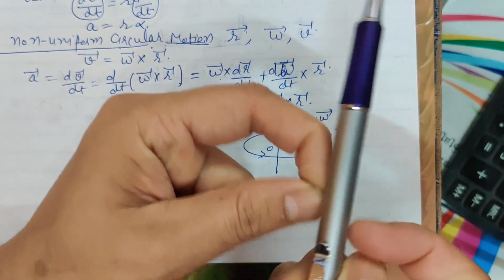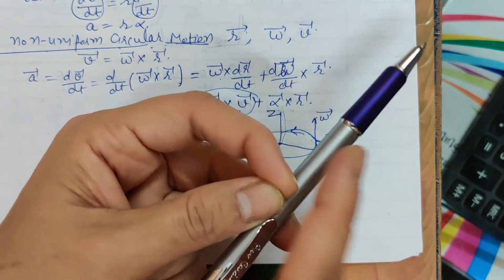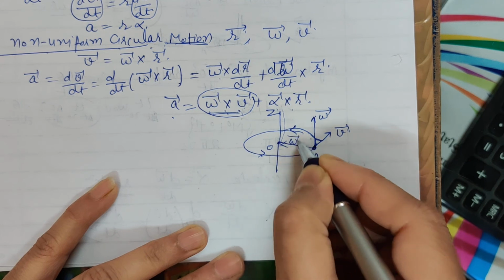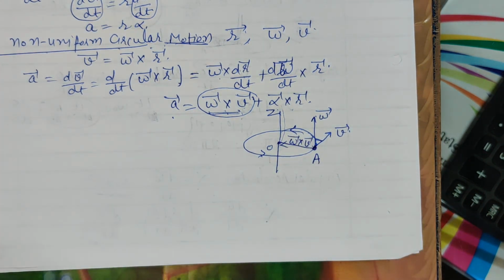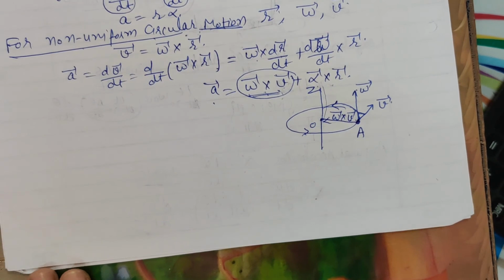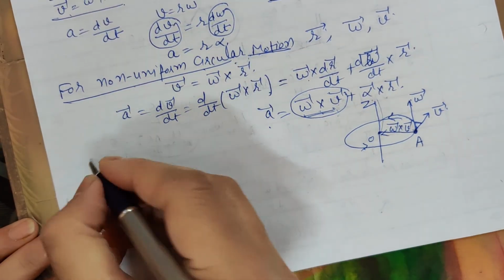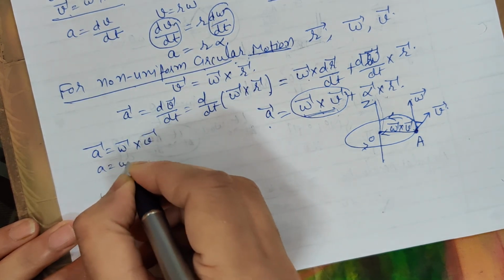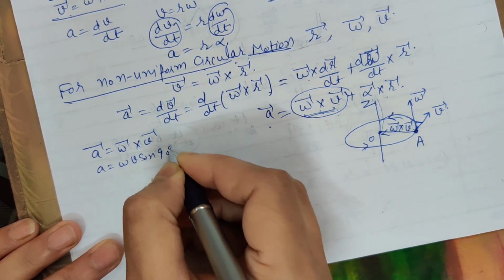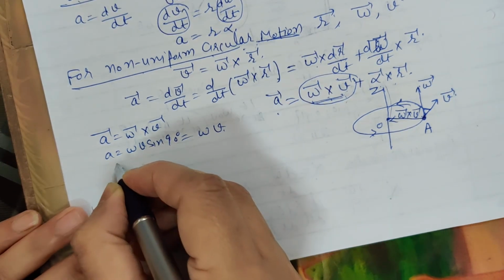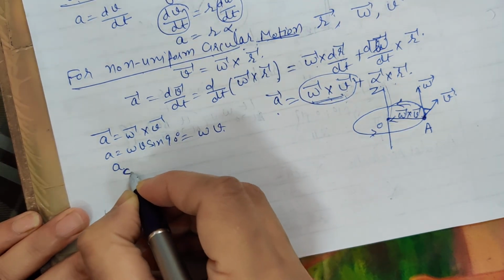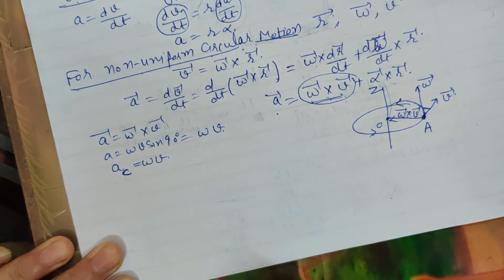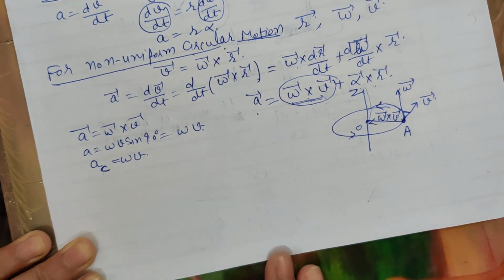So this omega cross v is called centripetal acceleration, or radial acceleration, and it is written as the vector omega cross v, and the maximum value is omega v sine 90 degrees. This centripetal acceleration is also called the radial component of the total acceleration.